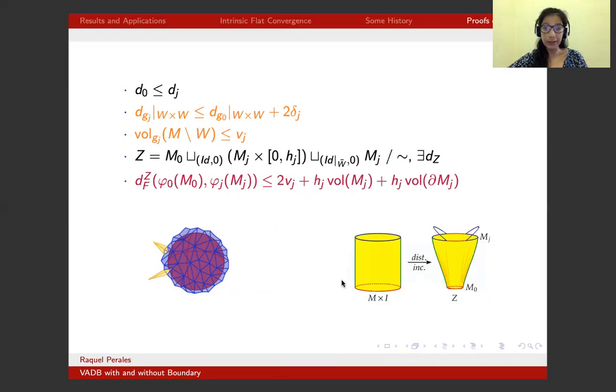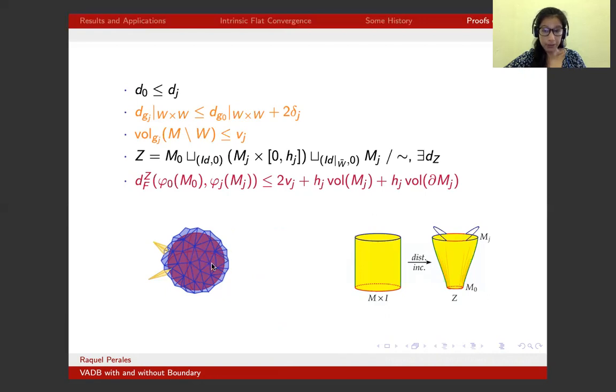And then one more observation is that the picture is actually like this. In this picture, Mj is the blue part and the yellow part, and M0 is the inside. So I'm choosing W to be just the blue part.